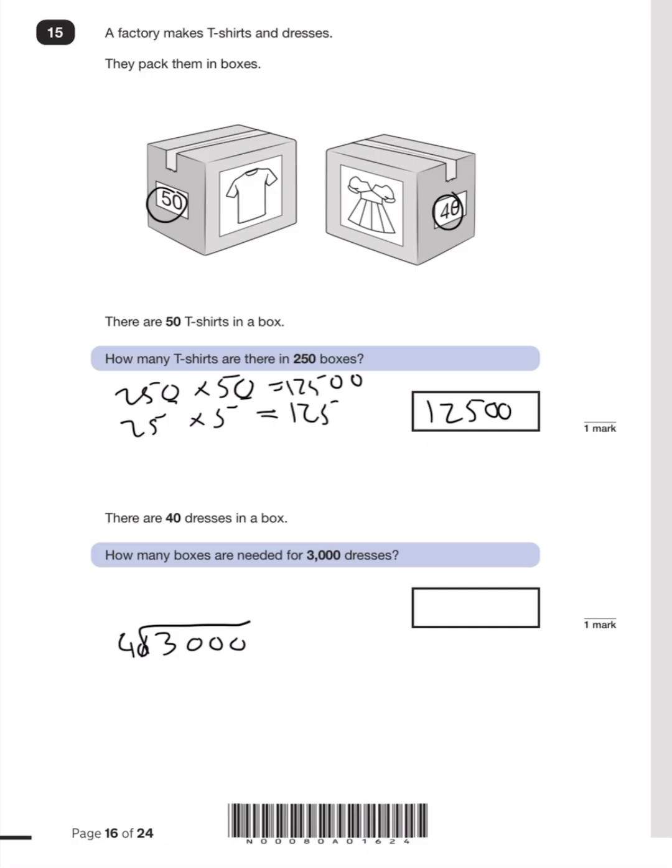I'm going to remove 1 0 here and 1 0 here and do 300 divided by 4. 4 does not go into 3. It does go into 30 though. 7 times to get 28 with a remainder of 2. And it goes into 20 5 times to get 75. And that would be the same as 3,000 divided by 40. So the answer is 75.